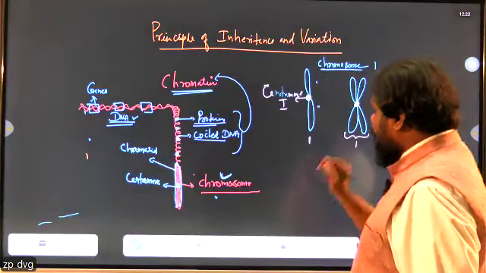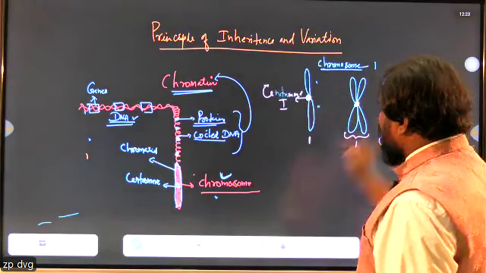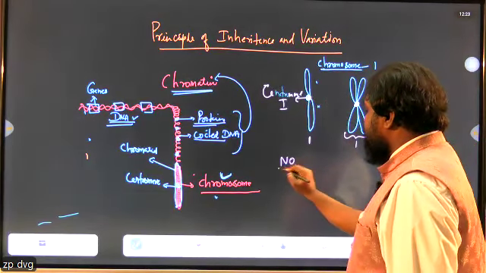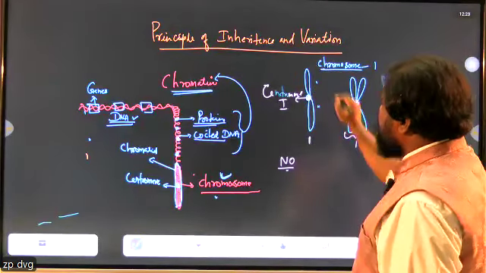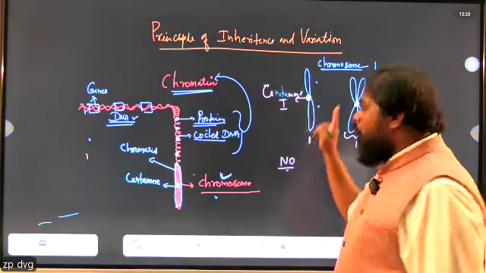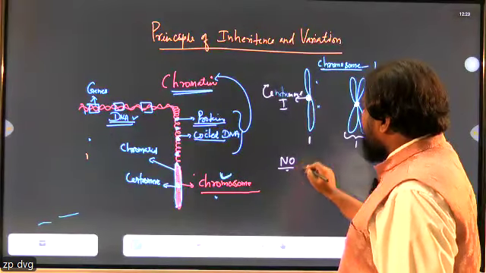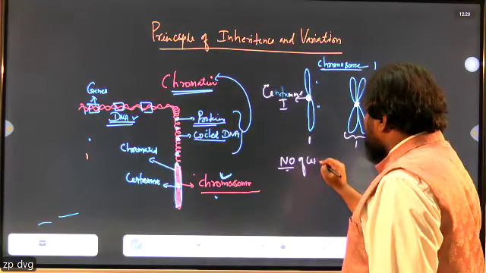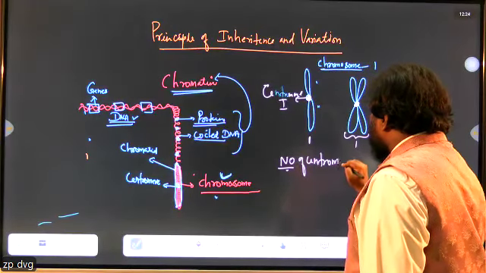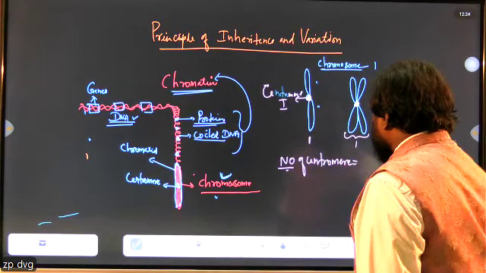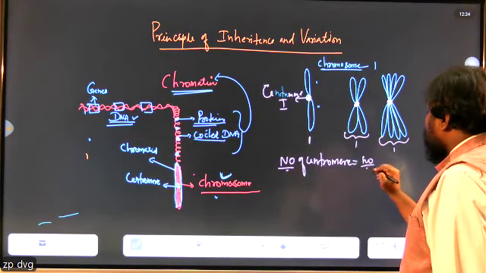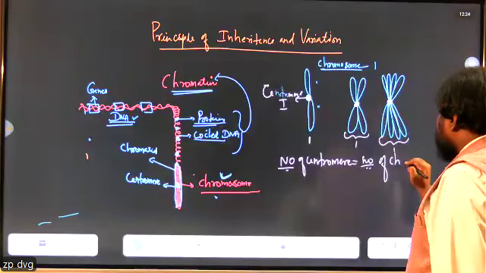Okay. So if a question comes, where they give a picture and ask you to identify how many chromosomes are there, all you have to see is what? The centromere. The number of centromeres is equal to the number of chromosomes. Remember this.